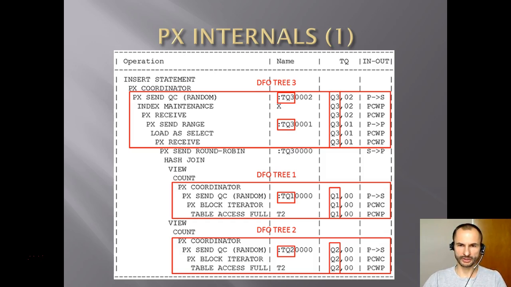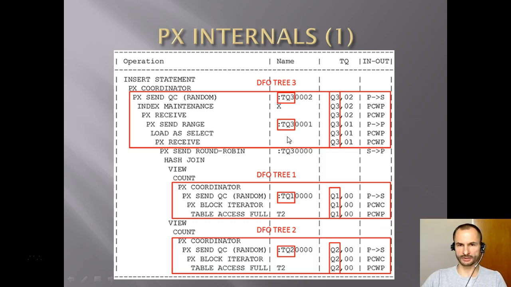Another important point, which is also related to this fact, is that since each unit is optimized and handled separately, each DFO tree might run at a different parallel degree, which might be even more confusing. This means that for a single parallel execution plan, you actually might have multiple different degrees.